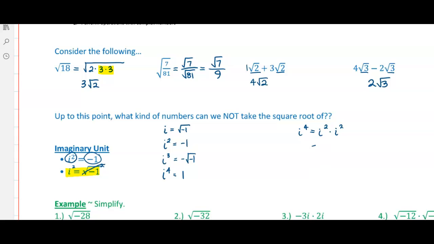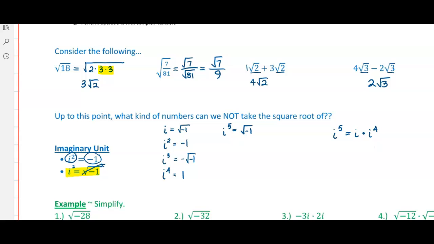How about i to the fifth? Well, we could get that by taking i times i to the fourth. i is defined as the square root of negative 1. i to the fourth is defined as 1. So i to the fifth would be the square root of negative 1.